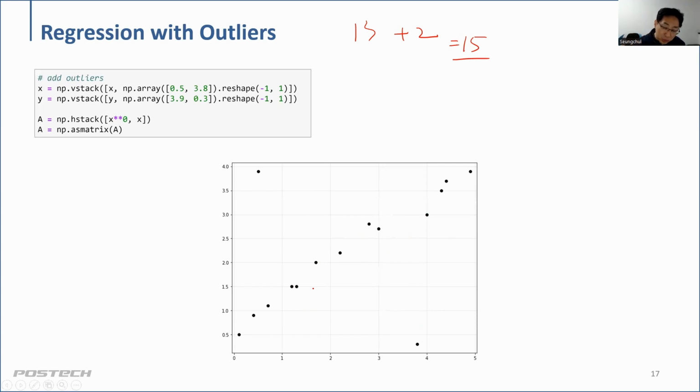Then I'm going to ask you to do linear regressions. If I ask you to draw straight lines, which is to do the linear regressions, then most likely you are going to do it this way, even though you know about the existence of the two data points, which are outliers. In your brain, you plot them and you kind of know that they're outliers.